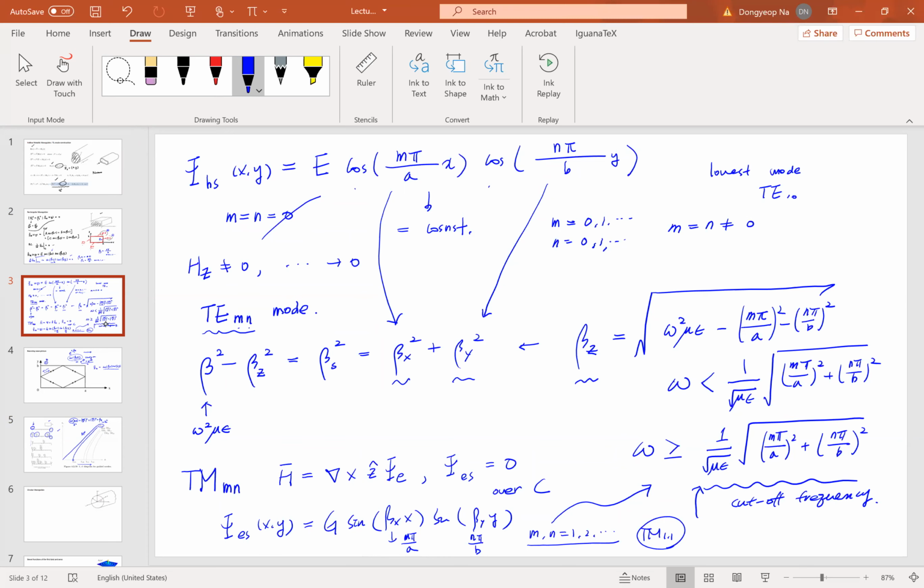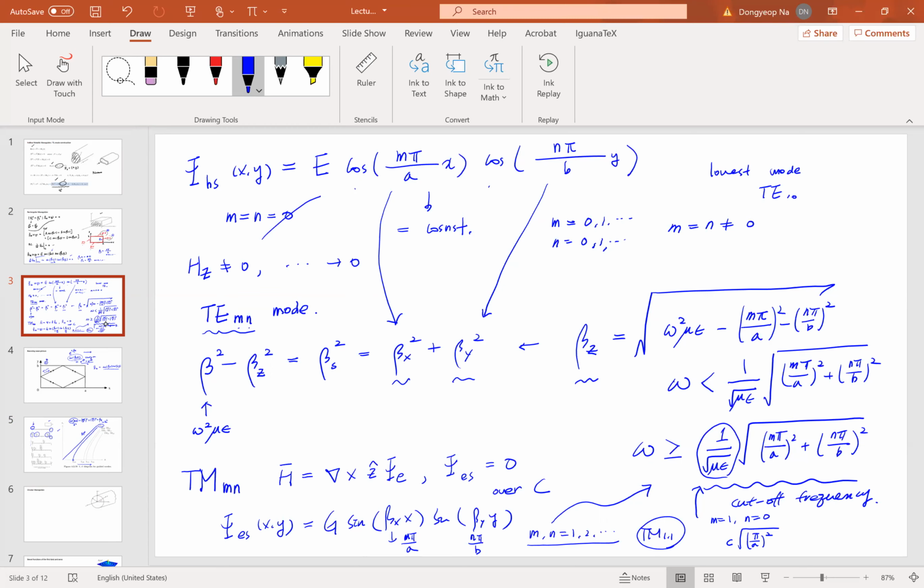So let's say if m is 1 and n is equal to 0, then the cutoff frequency is, this is just the speed of light c times pi over a, for fixed values of a and b, which are just geometric parameters.